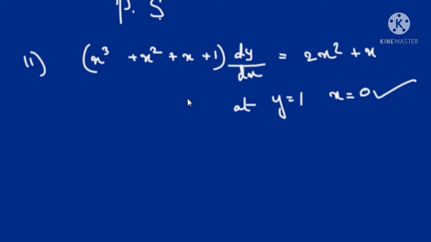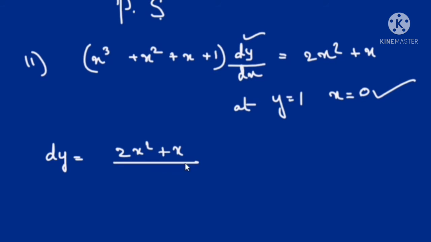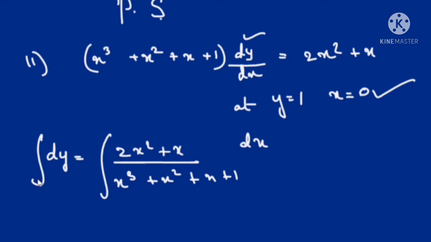So let us first integrate it and find the general solution. So you have dy here. So take dx and this term to the side. So dy is equal to 2x square plus x divided by x cube plus x square plus x plus 1 dx. So we have separated the variables. Now you can integrate.